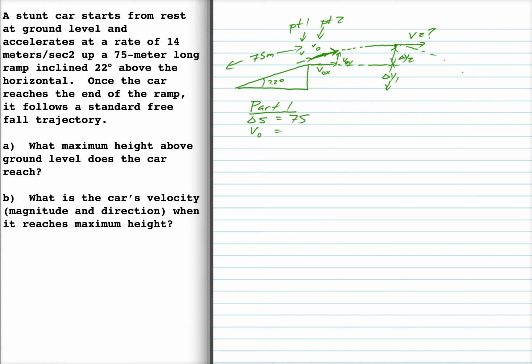So along that line of motion, we have these quantities. It goes 75 meters with an acceleration of 14 meters per second squared, and it starts from rest. I'm going to go ahead and find the final velocity using the equation that doesn't have time in it.